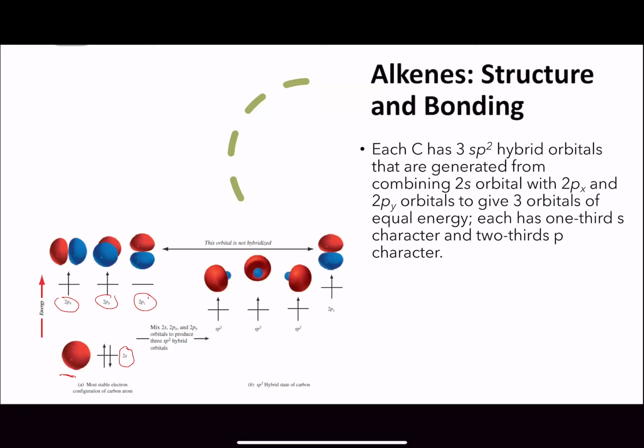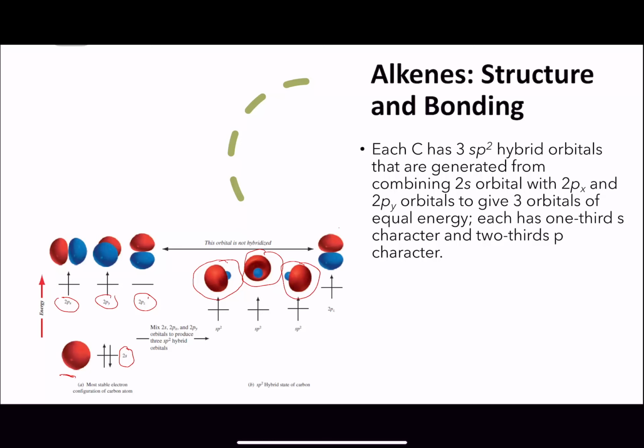To form the sp2 hybridization, 3 orbitals combine with each other and form 3 new hybridized orbitals. These are called sp2 because there is a combination of one s orbital and 2 p orbitals. These new hybridized orbitals look a bit different from the unhybridized ones.